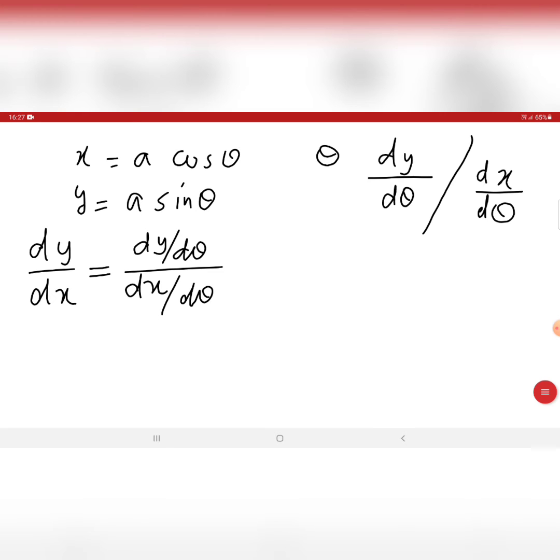Now first we have to find dy by d theta. y means a sin theta, so dy by d theta means a cos theta. x means a cos theta, so dx by d theta is equal to minus a sin theta.